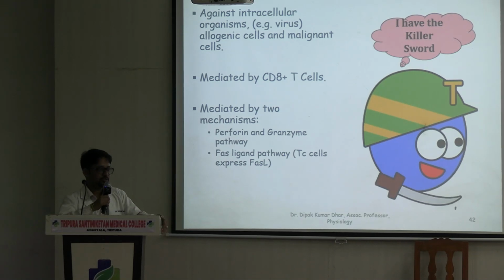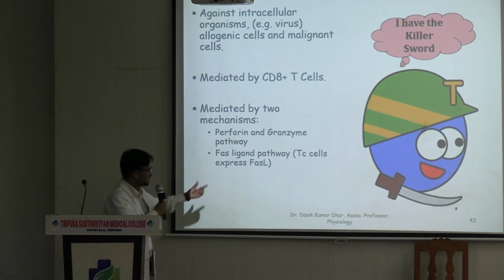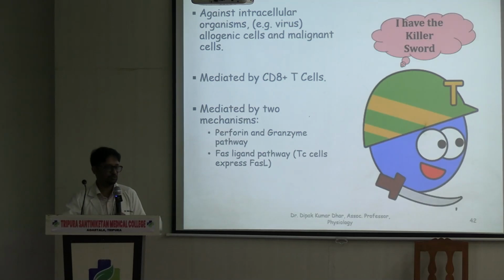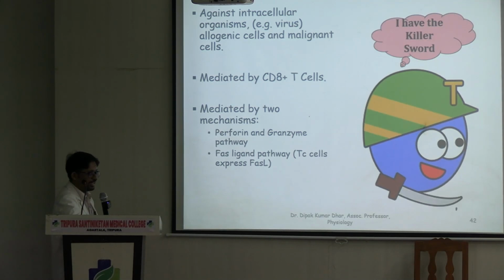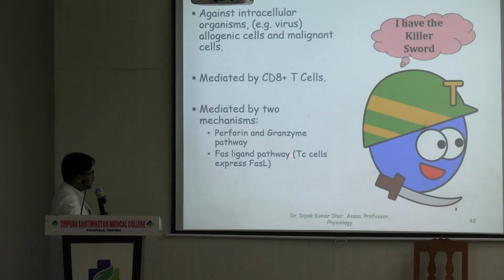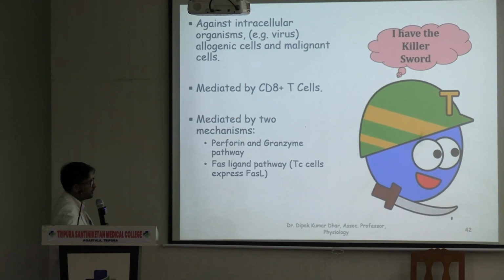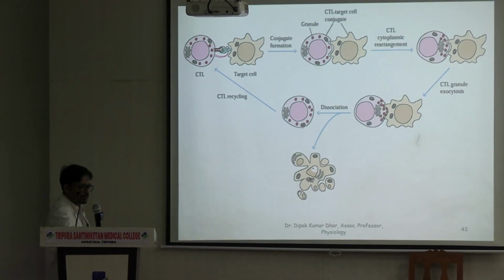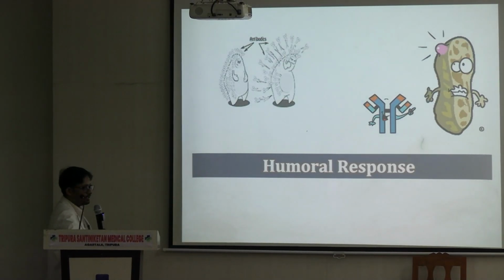And if a Fas receptor is expressed, that can also be recognized by a cytotoxic T lymphocyte, and the process of cellular killing can be started, right? So these are the two ways, but the major way is the perforin and granzyme pathway. So this is the cytotoxic T cell response.